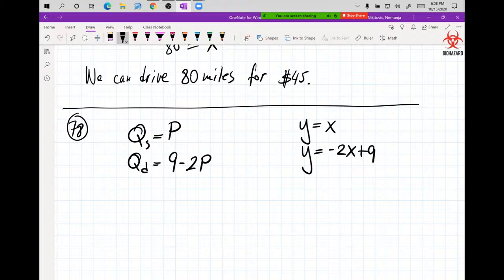And then further, I can also put 2 over 1 here because we like a fraction for our slope, so that we can graph the slope.